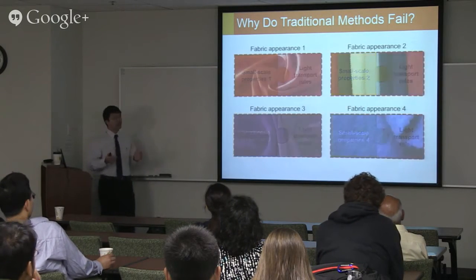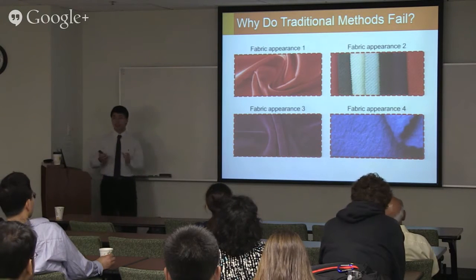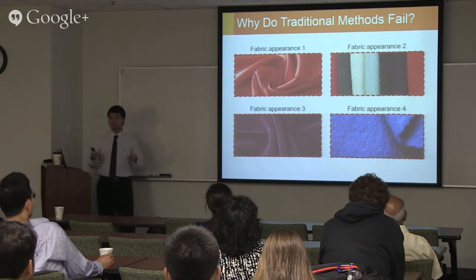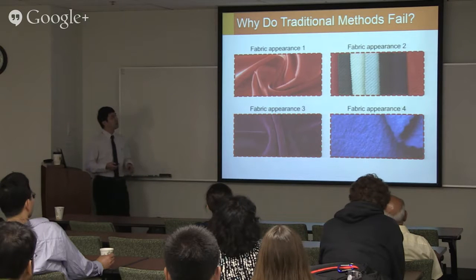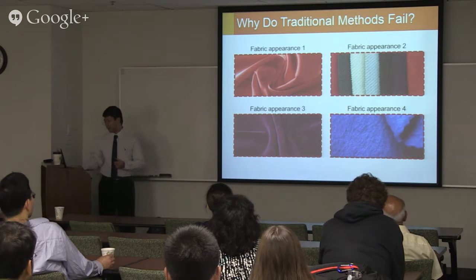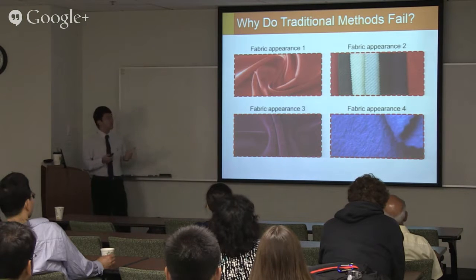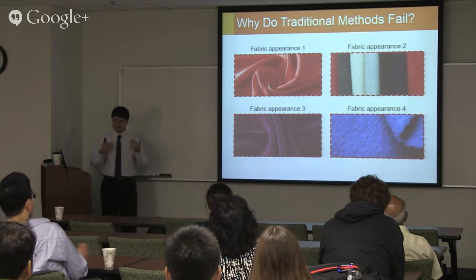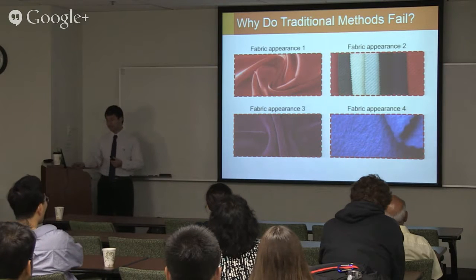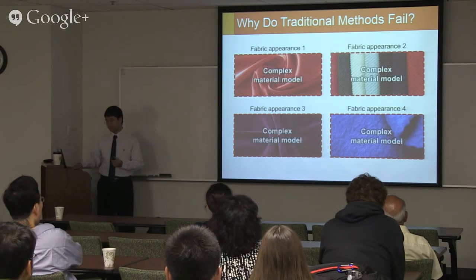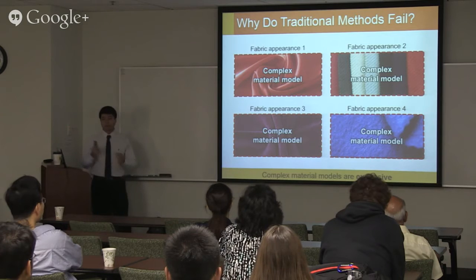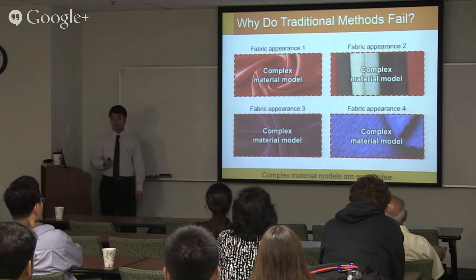So to capture the widely varying appearance caused by the variation of such small scale structures, they have to use complex material models. And the complex material models are often expensive or even impractical because of their high dimensionalities.